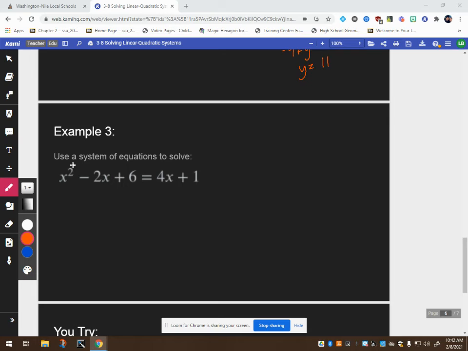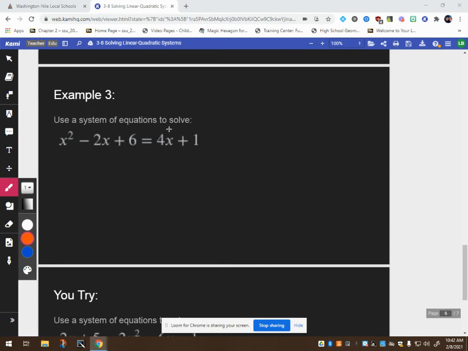All right, so now we're going to try to use a system of equations to solve. Right now we have this big long expression all equal to each other. So we can rewrite this as x squared minus 2x plus 6 equals y, and 4x plus 1 equals y.